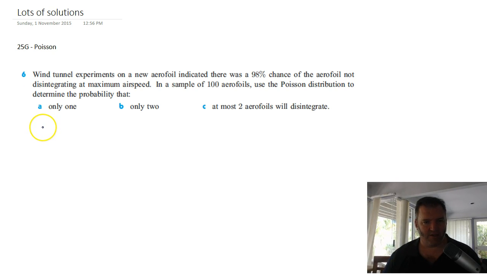So here we go. A sample of 100 aerofoils, determine the probability that only one. So the probability that 1 disintegrates is 0.02. We've got a sample of 100. So this is a perfect case for binomial PDF because it's one specific value. Get my joke there? Yes, we all know it's specific, but a lot of people don't.